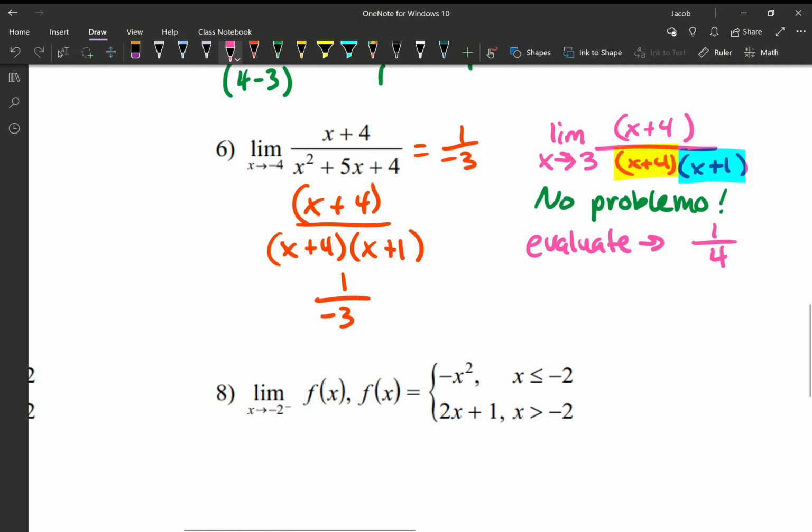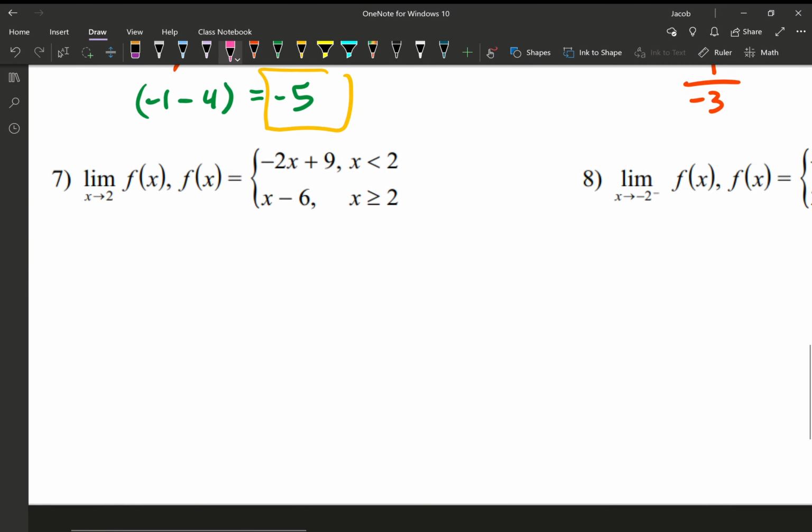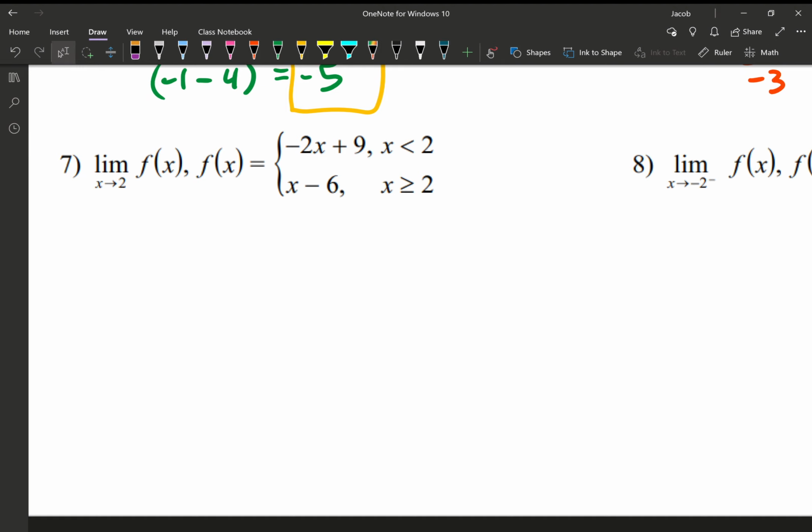Cool. Now with these final examples, 7 is piecewise, 8 is a piecewise, and you're being asked about the evaluation of it at 2. So if we look at each piece individually, this piece is linear, this piece is linear. Okay, cool. So this looks like direct evaluation.